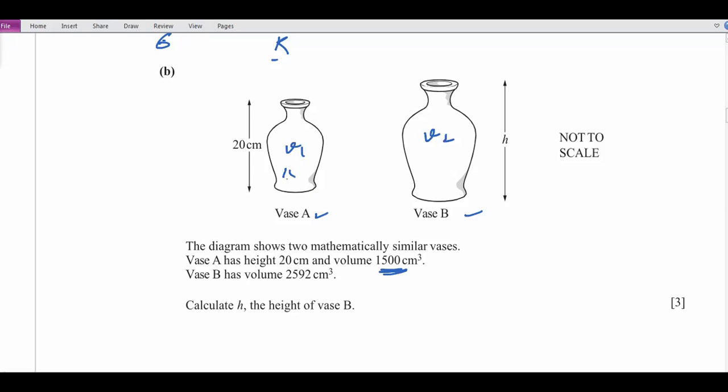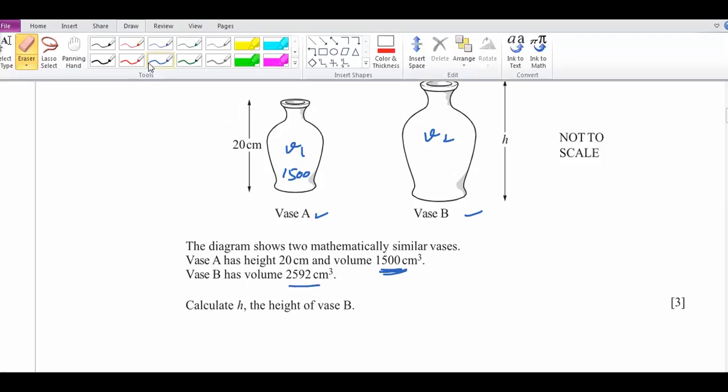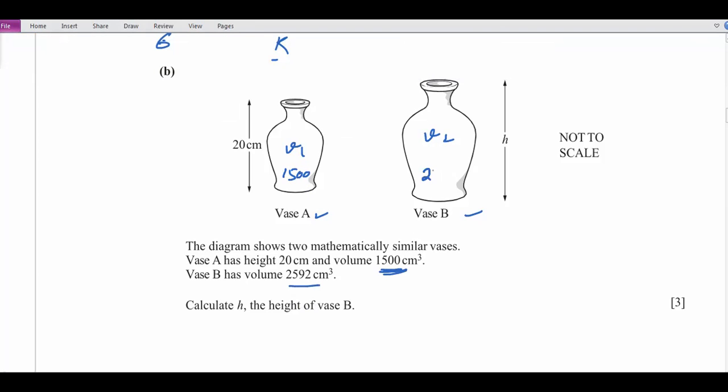This one is given, 1500 centimeter cube. This one we have to find. Sorry, this one is also given, 2592. Find the height of the waste bin B. Now you can see here, this height and this height are corresponding.